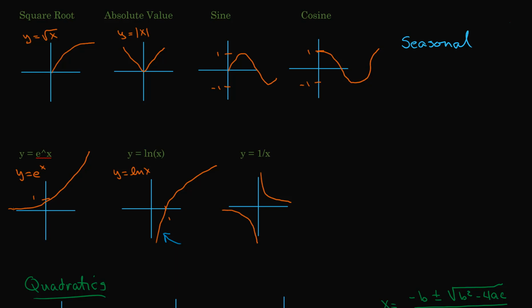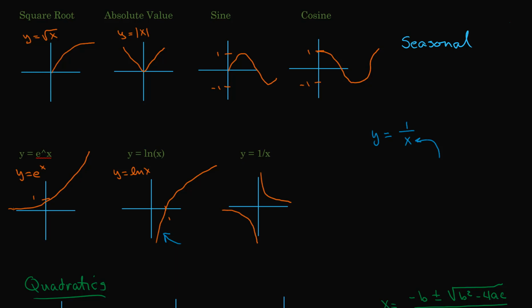The last basic function that we're going to consider is the function y equals 1 over x. This is a type of rational function, meaning that you have some polynomial in the denominator. And recall that y equals 1 over x actually does have a polynomial of sorts in the denominator. It's just the function y equals x. In this case, the domain prevents you from using the value x equals 0.